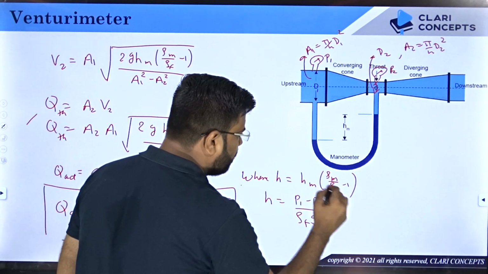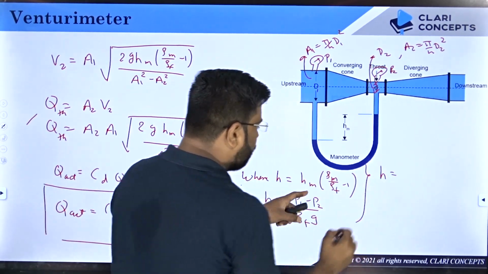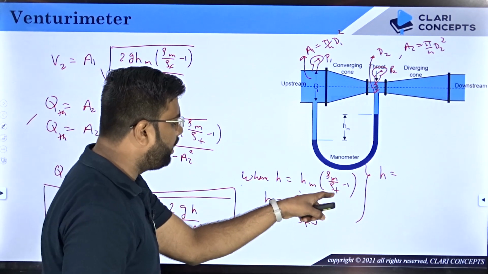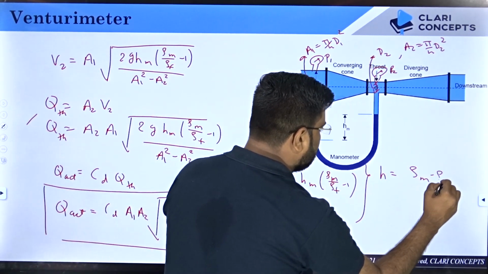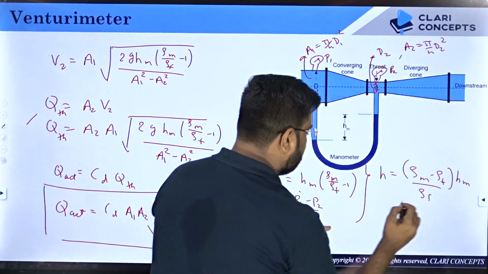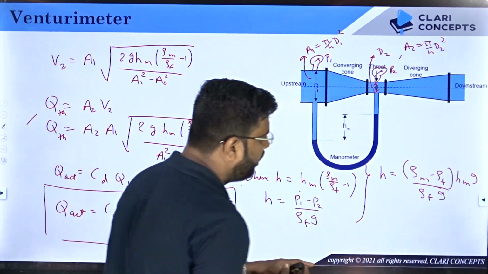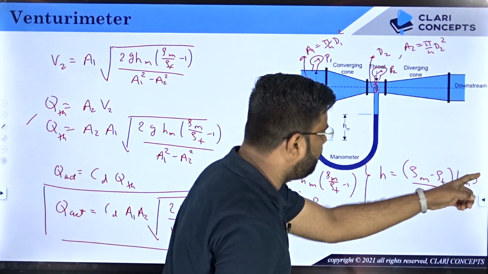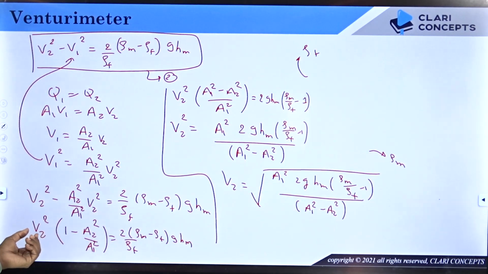If I look at this expression, how did this come? Can I say H is basically HM into rho m by rho f minus 1, right? So if I look at it like this, I can say rho m minus rho f and then HM divided by rho f. This is the same equation, right? If I put g on both sides, what will I get? Rho m minus rho f into g HM, right? If I look at the previous equation, what is P1 minus P2?